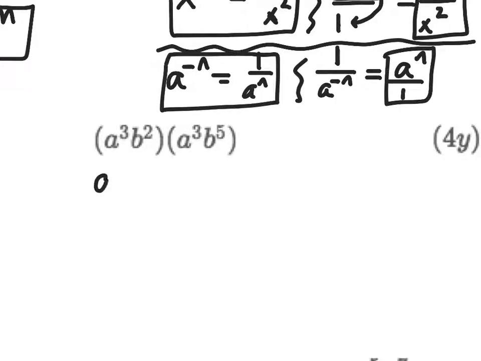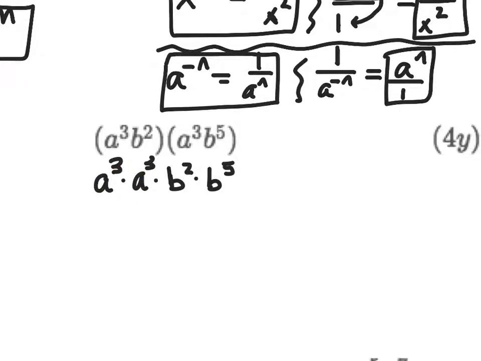So I put my a's together. So I've got a cubed times a cubed, times b squared times b to the 5th. So what I want to do is combine these two first.